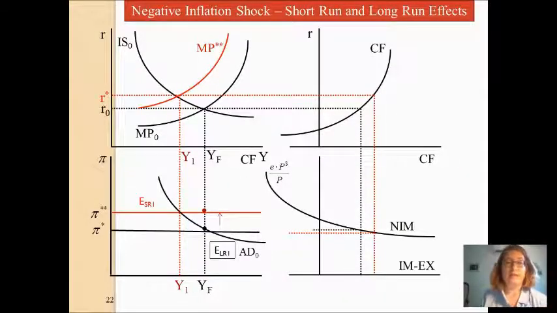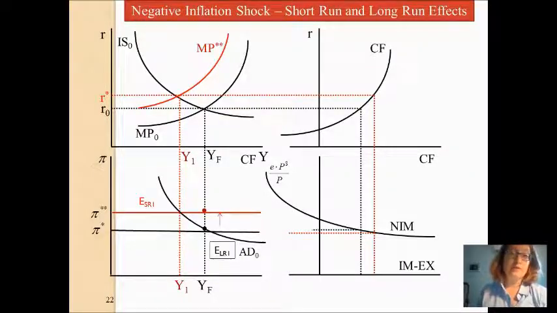So for instance, in a situation where we have a negative inflation shock in the short run, that leads to an increase in the interest rate, decrease in output, and that means that in the short run we're going to suffer unemployment. Here we started originally from Y full, and then in the long run, after this shock, inflation must go down.